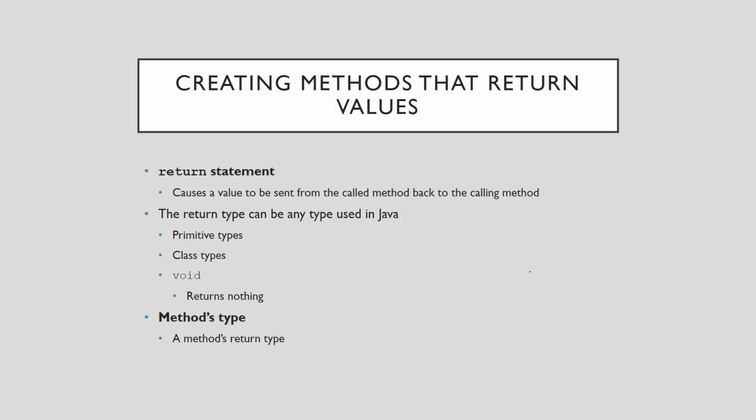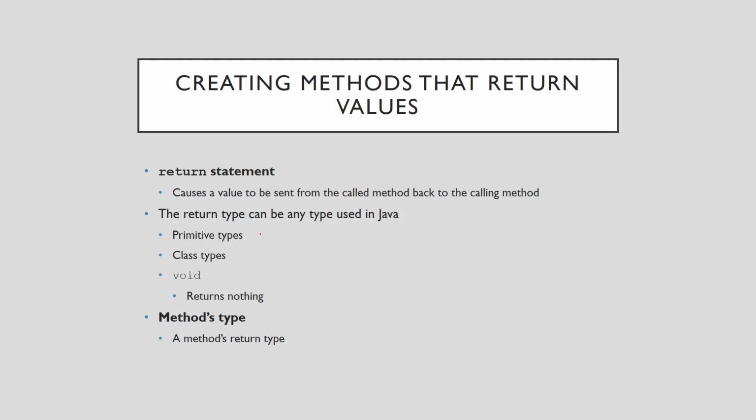Now, the method creation with a return type, with a value to be returned. This causes a value to be sent from the method definition to the calling method, to the method call.